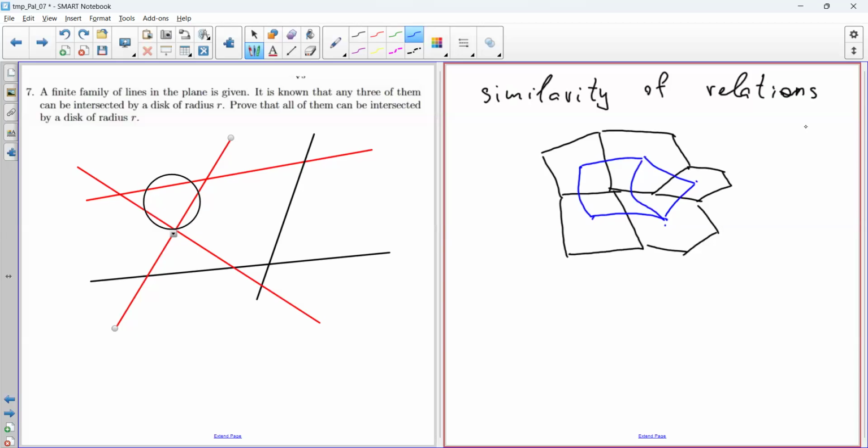There are also other types of dualities. When you have a relation between some types of objects in a problem, you have the opportunity to inverse that, to take some sort of reversed version of that relation.